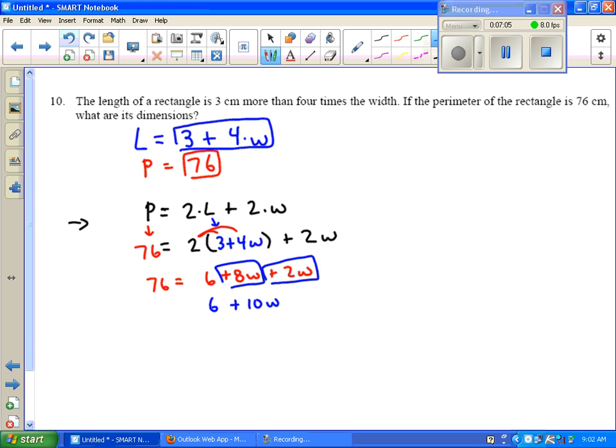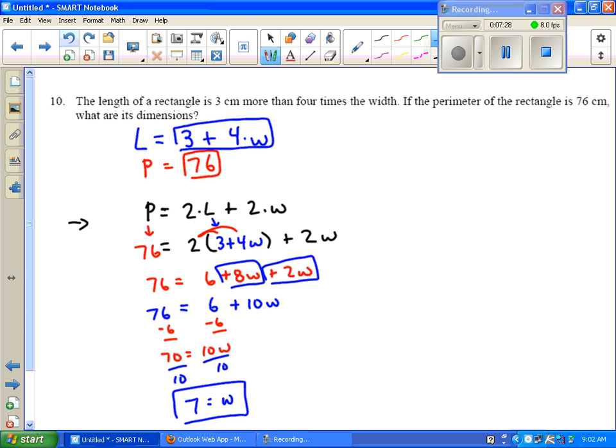Bring everything else down, 6 and 76. Get rid of plus 6 by subtracting it. Do the same to the other side, and you have 70 equals 10W. Get rid of 10 times something by dividing by 10 to get your width value, or W equals 7.